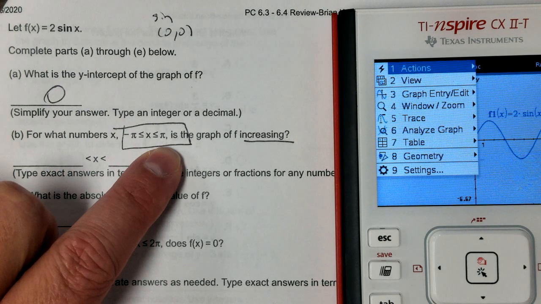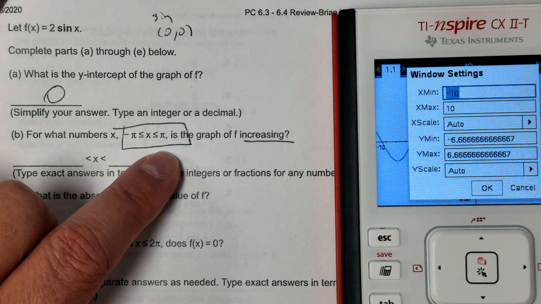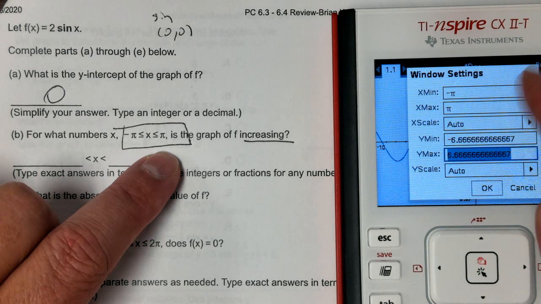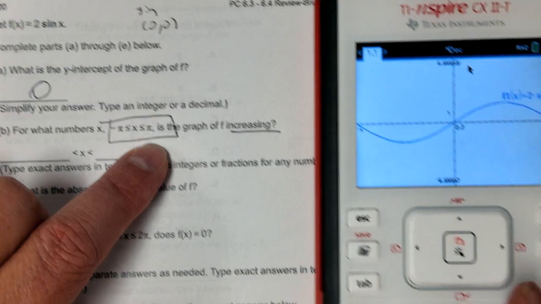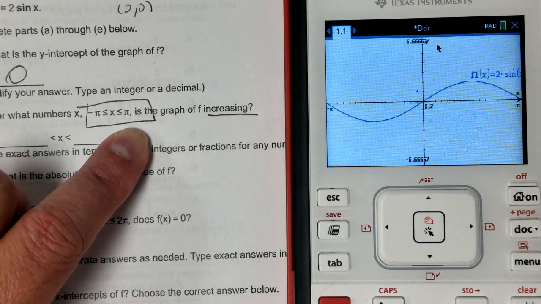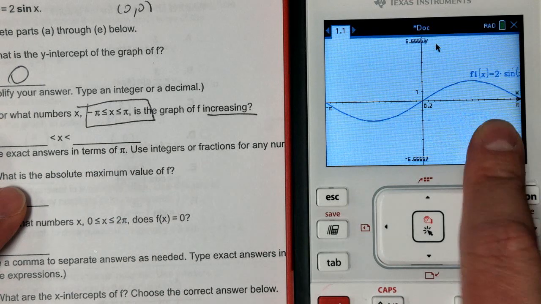And so we go window, settings, negative pi to pi. Yeah, that's the x min and x max. Okay, so this is what your graph looks like from negative pi to pi. So I'm going to graph that on paper.